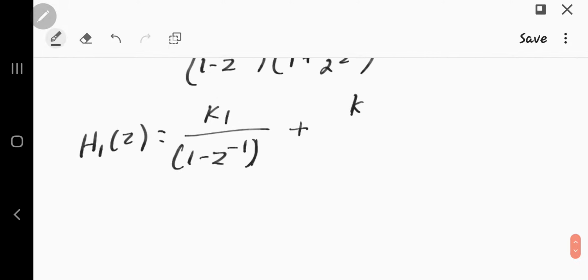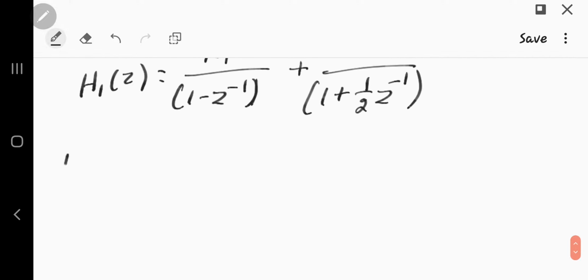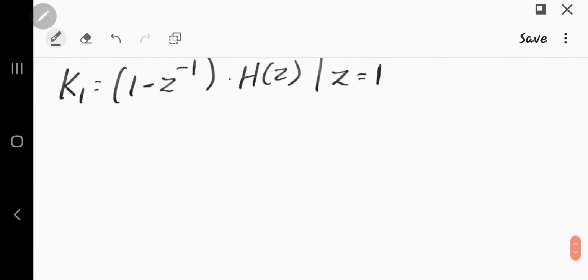So h1 of z is equal to k1 divided by 1 minus z inverse plus k2 divided by 1 plus 1 by 2 z inverse. So k1 is equal to 1 minus z inverse into h of z, where z takes the value 1 here.